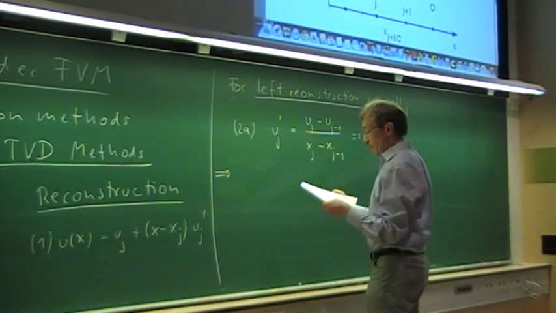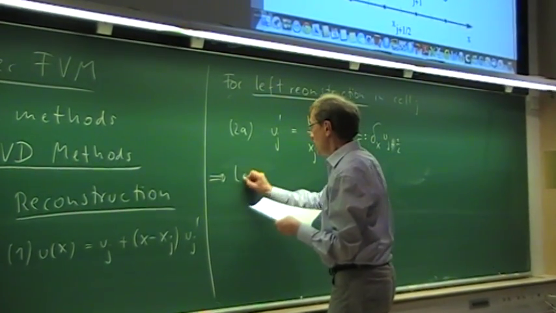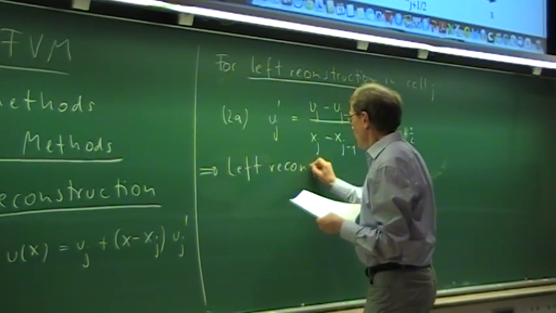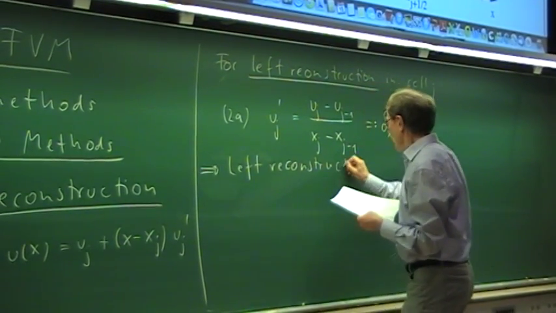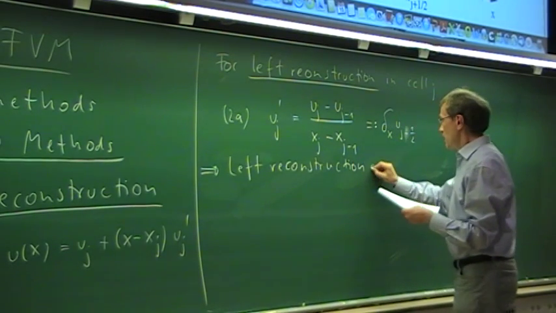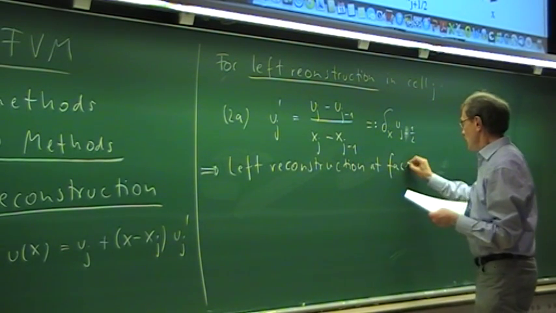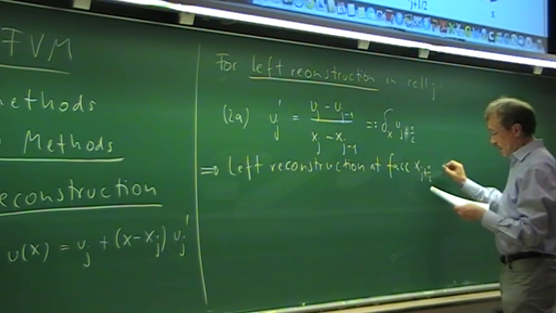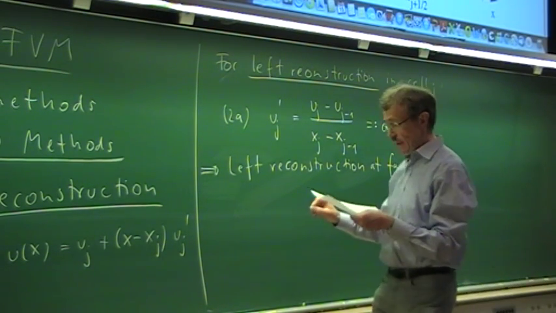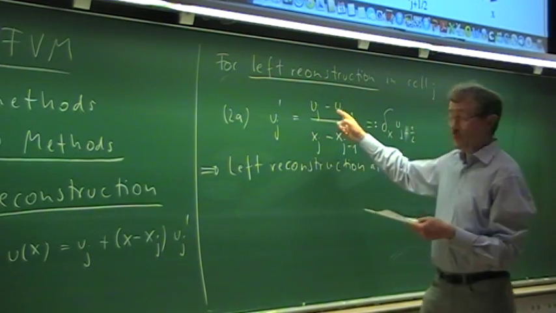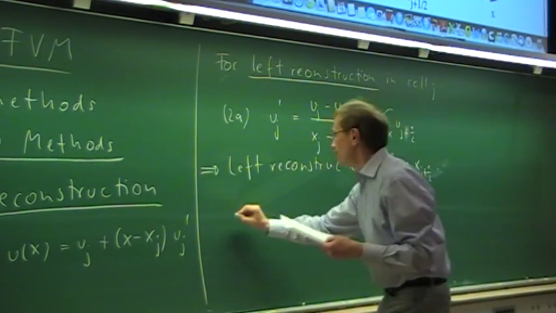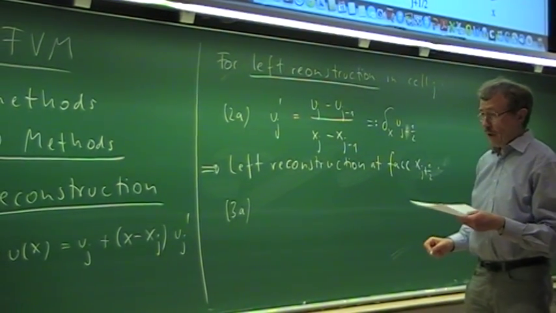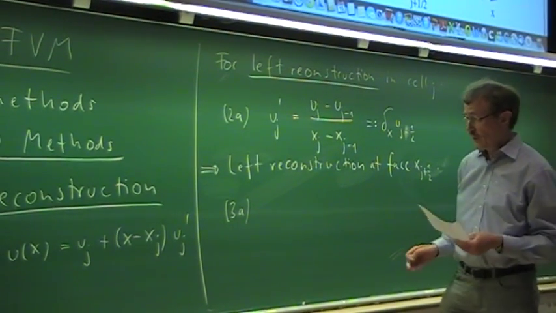So that gives us the left reconstruction at the face xj plus 1/2, and that is what we get. We first take the left side. How does that work? Well, we have it here.